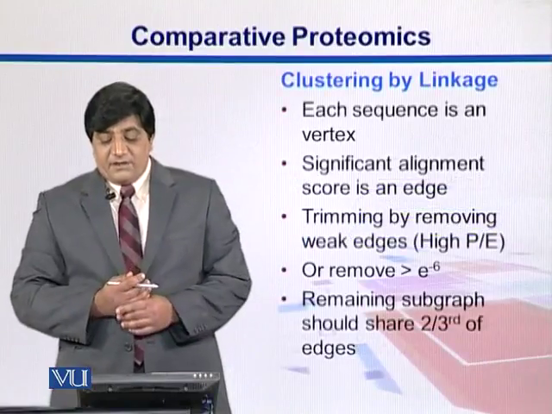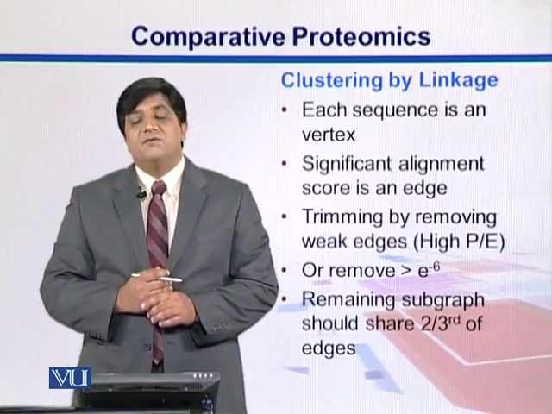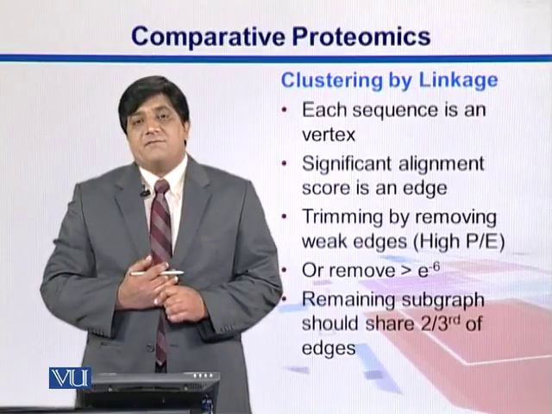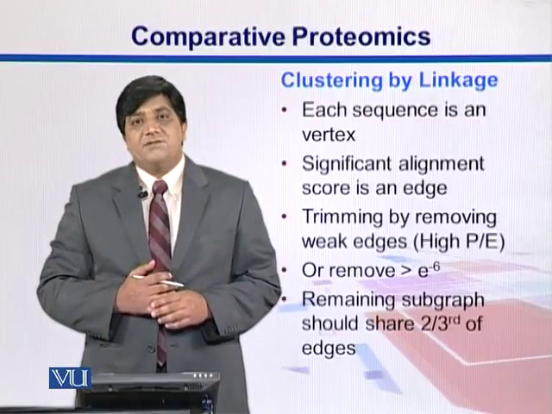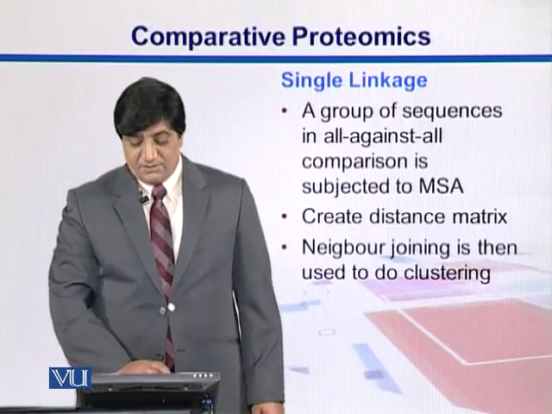There is another technique, clustering by linkage. It's similar to the previous one, except we remove the ones which are not linked, and the remaining subgraph should have at least 2/3 of the edges. So same criteria, except there is one new point.